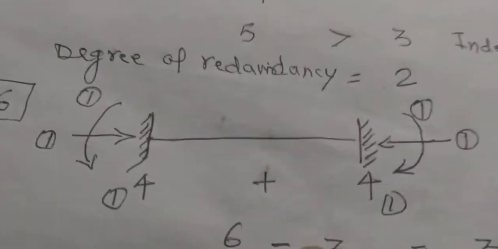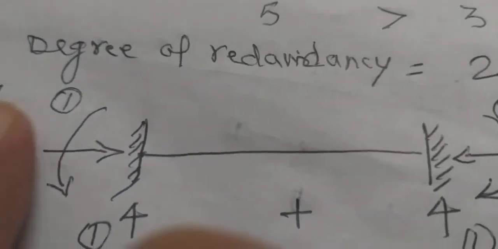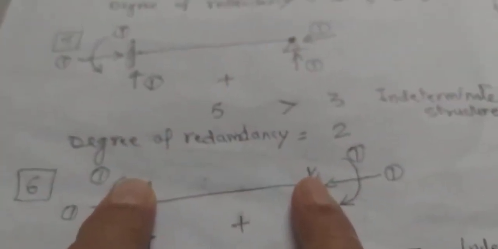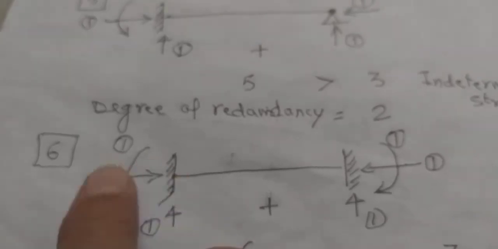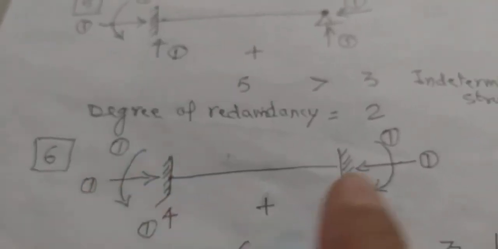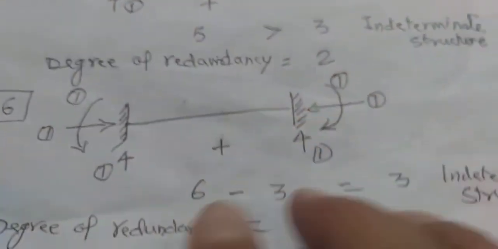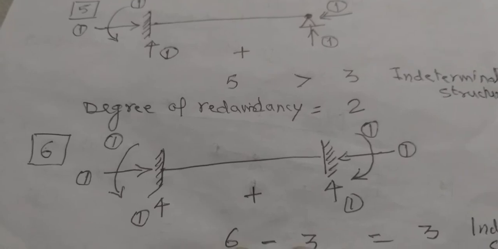Similarly, when we talk of this fixed beam, this is fixed over here, this is fixed over here. And as we have already seen, when there is fixity, it has got 3 reactions, 1, 2 and 3. Here also 1, 2 and 3. And the total reactions comes out to be 3 plus 3, 6.